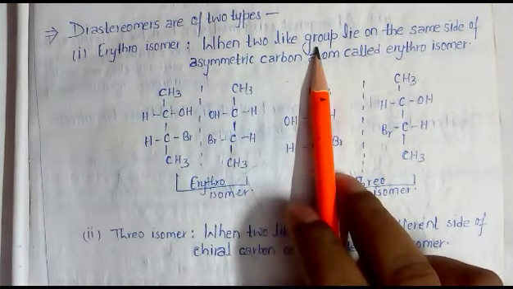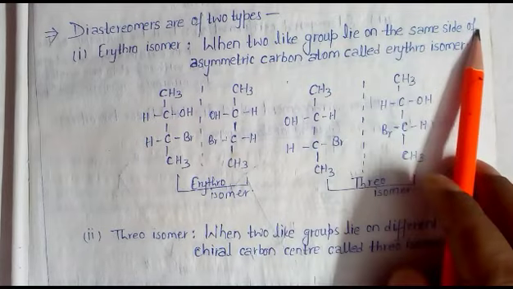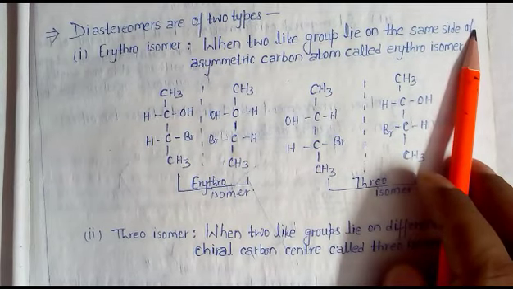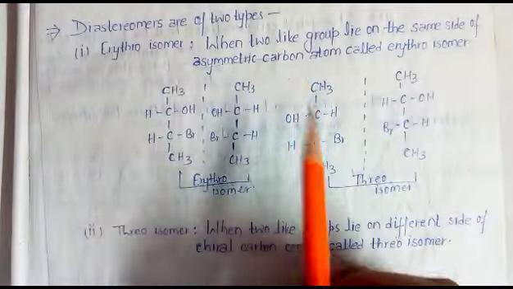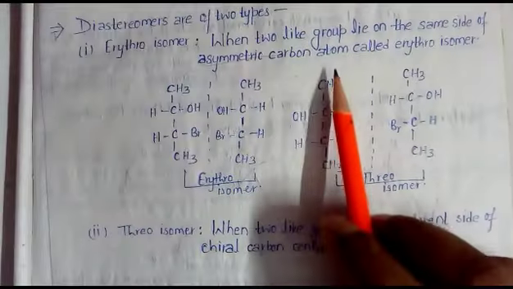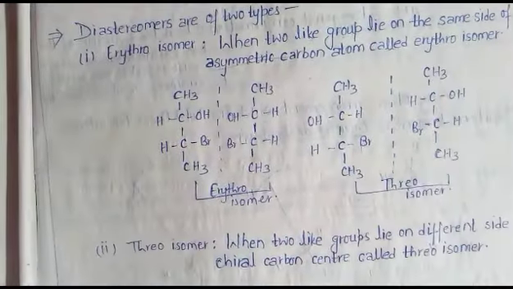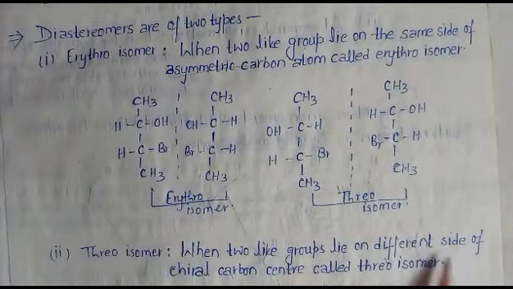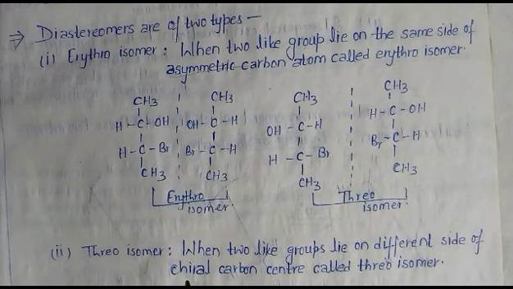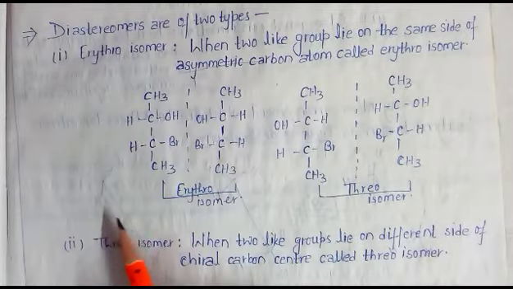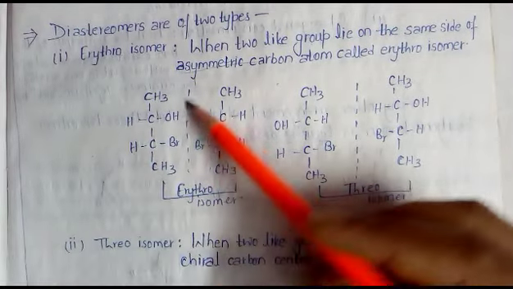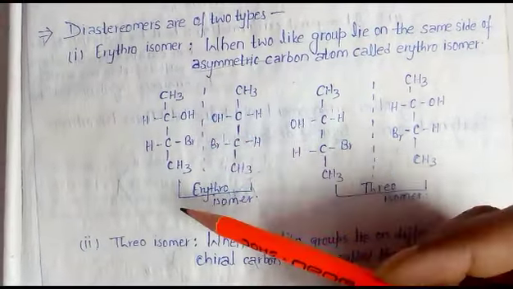When two like groups lie on the same side of the asymmetric carbon atom, it is called erythro, and if two like groups lie on different sides of the asymmetric or chiral carbon center, it is called threo isomer.